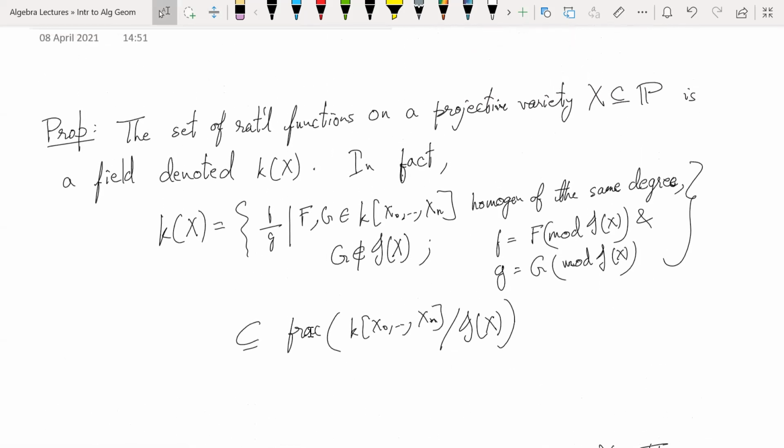Basically, a rational function, as we have defined, is a function from some open subset of X to k, and we should think of two rational functions as being the same if they agree on a non-empty open subset. And remember, any non-empty open subset of a variety is dense.